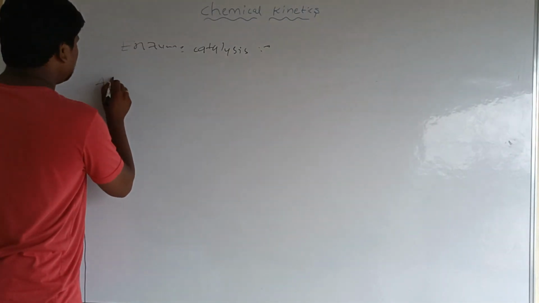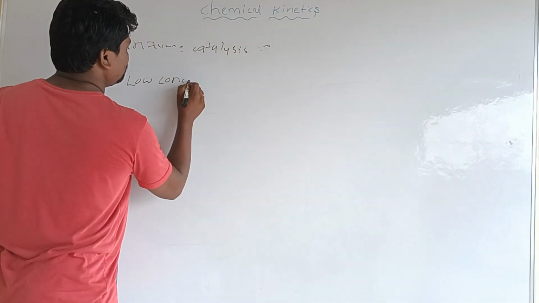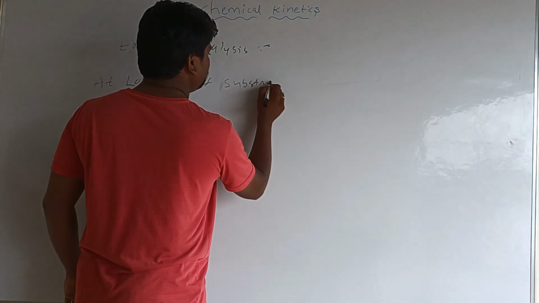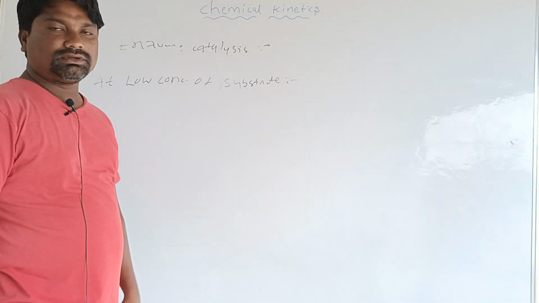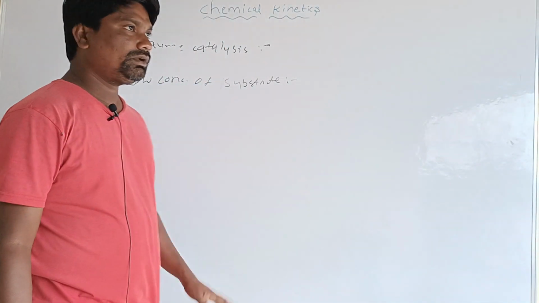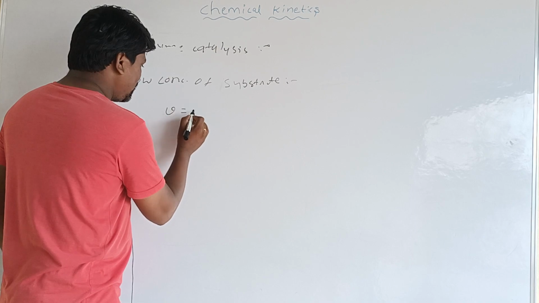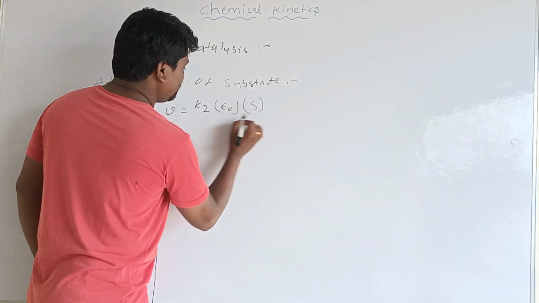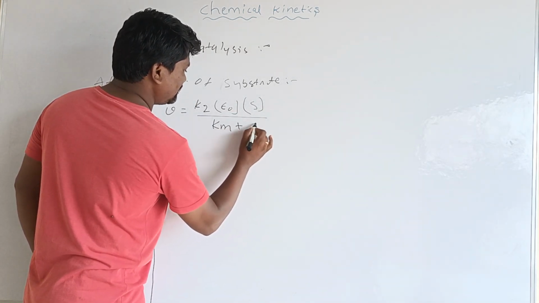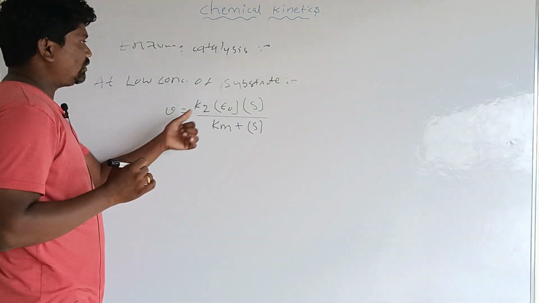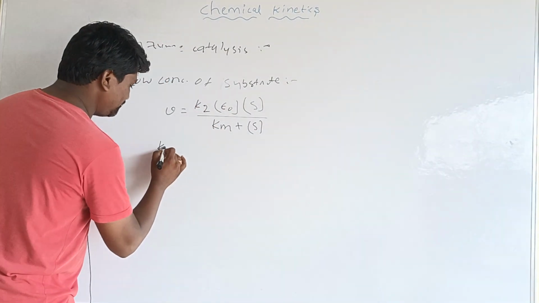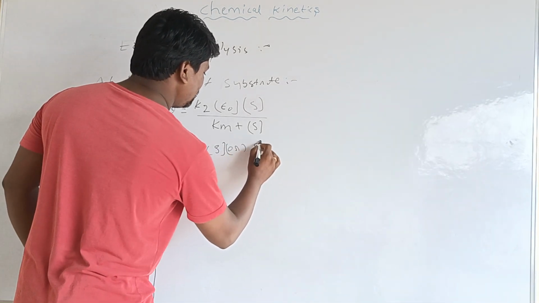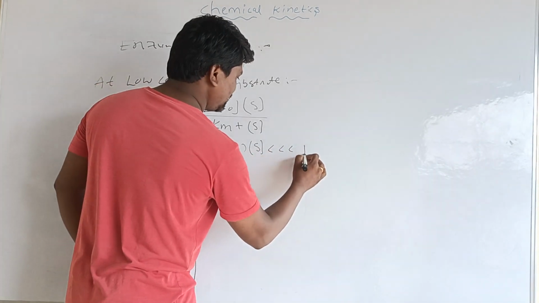At low concentration of substrate, here the rate of reaction or velocity of the reaction is K2 into E naught into substrate by Km plus S. Here at low concentration of the substrate means Km is greater than substrate, or substrate concentration is less than Km.